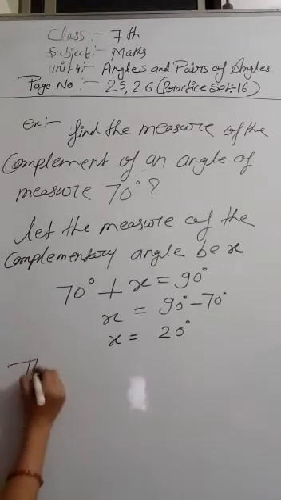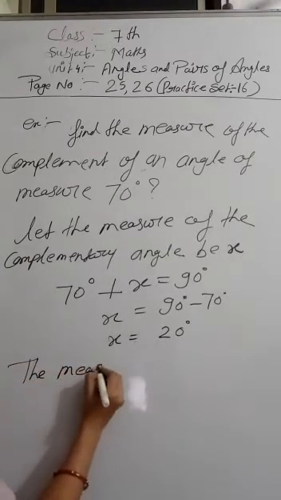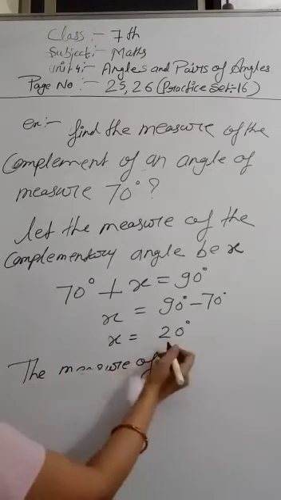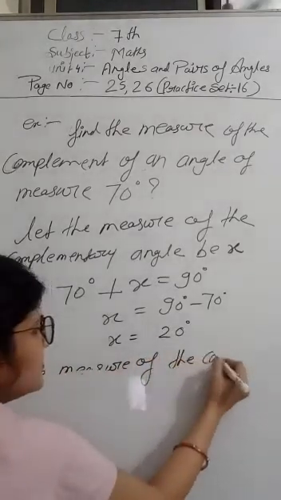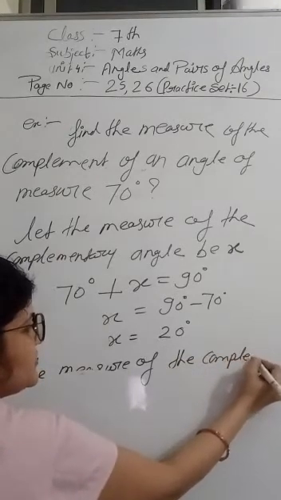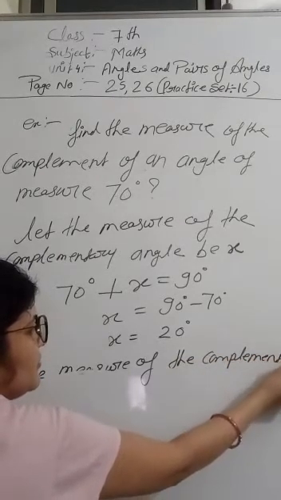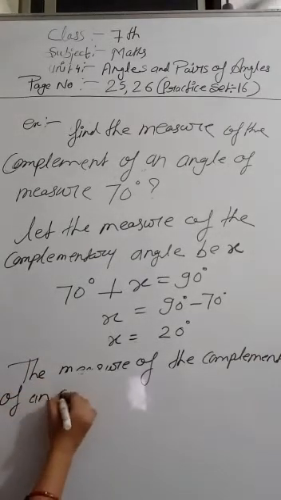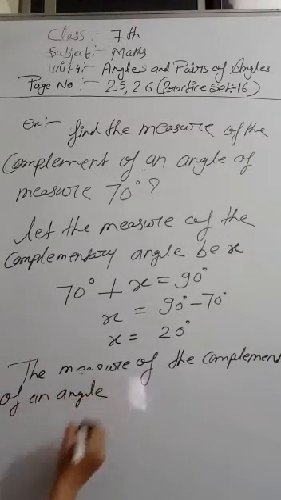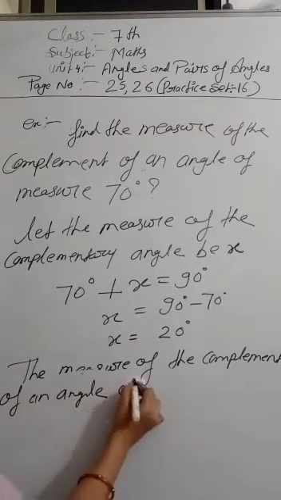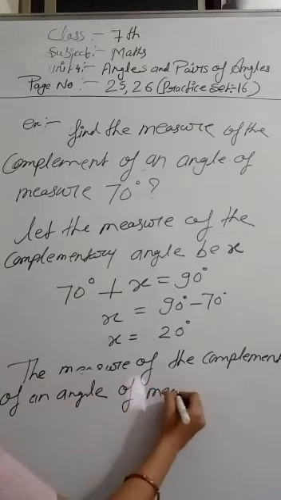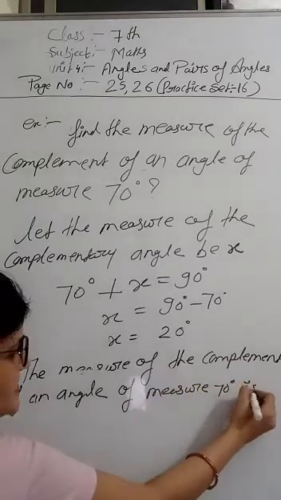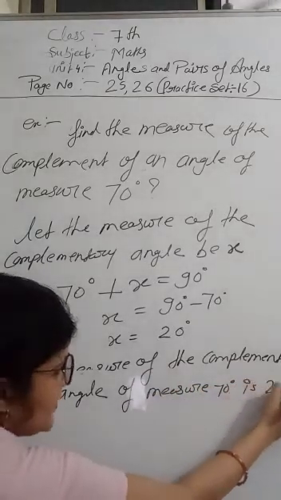So we will write here the measure of the complementary angle of an angle of measure 70 degree is 20 degree.